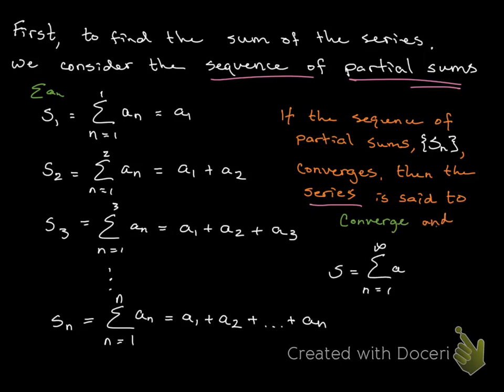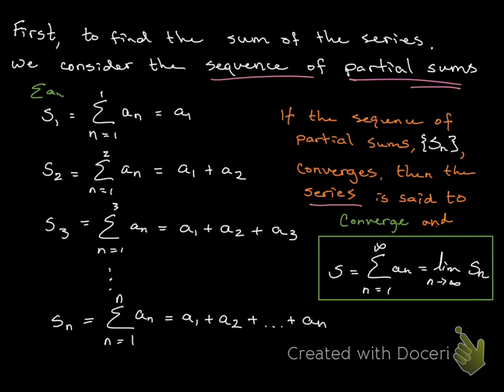If I have a series and I look at its sequence of partial sums, generated by taking the first term by itself, the first two terms added together, the first three terms added together, those make up the terms in my sequence of partial sums. If that sequence converges by taking a limit as n goes to infinity, then I can say that the series converges, and I do indeed then know what that sum is.